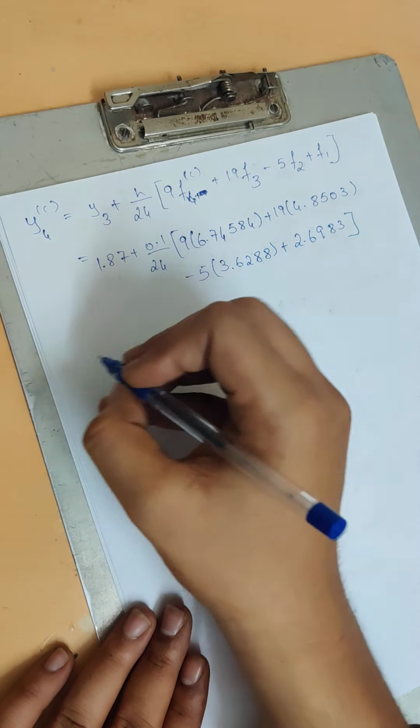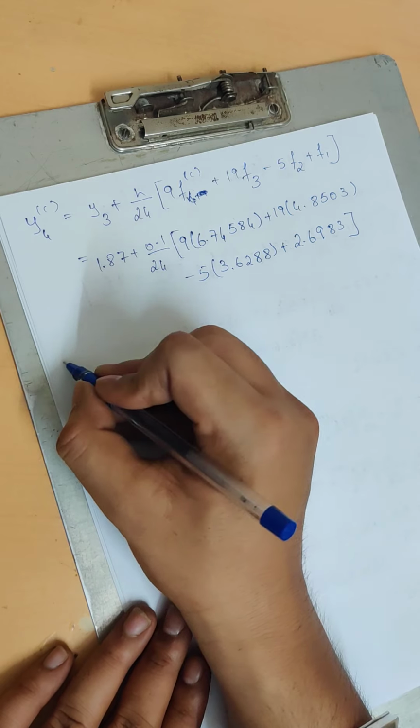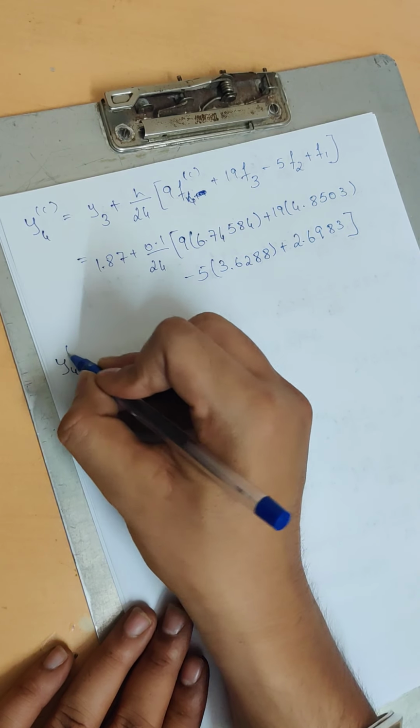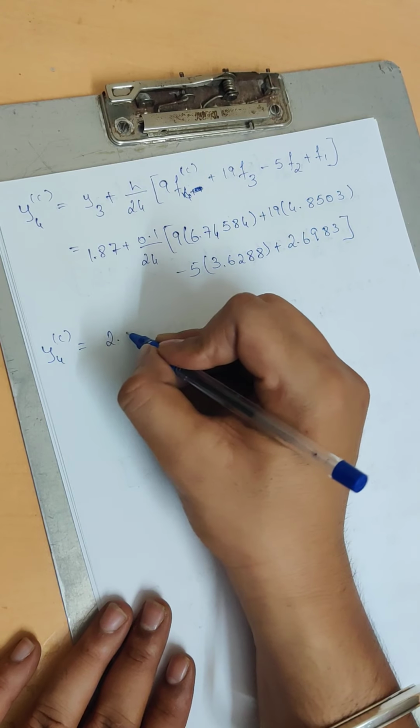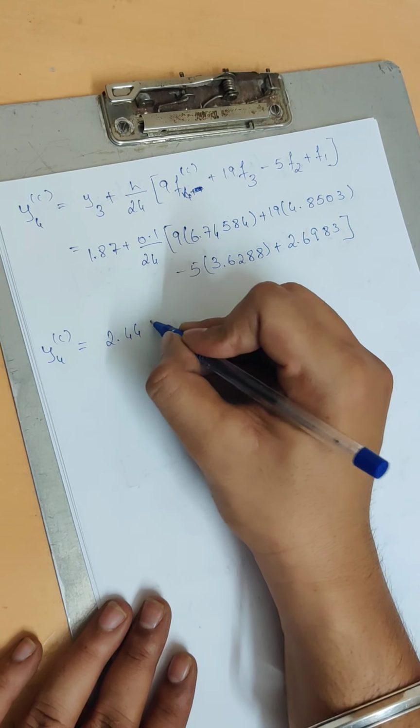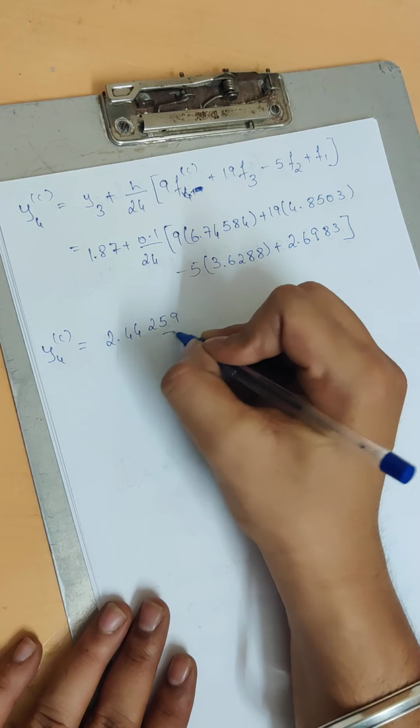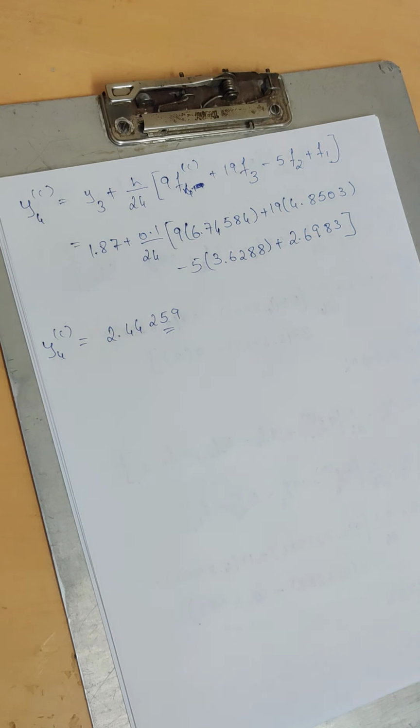So if you simplify this, then we'll be getting y4 of the corrector value as 2.44259.